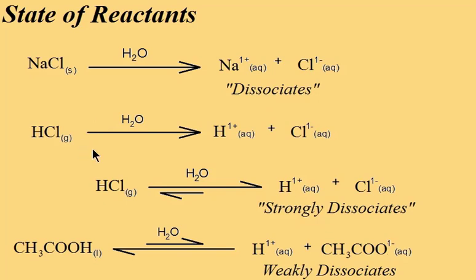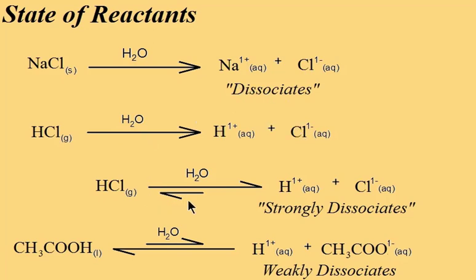This is also true sometimes for covalent compounds, predominantly for molecular acids like hydrochloric acid, HCl. In water, they break their bonds into individual positive and negative ions. The hydrochloric acid dissociates into hydrogen ions and chloride ions.